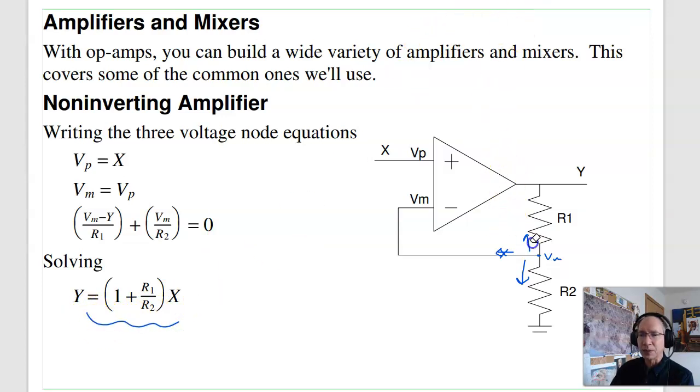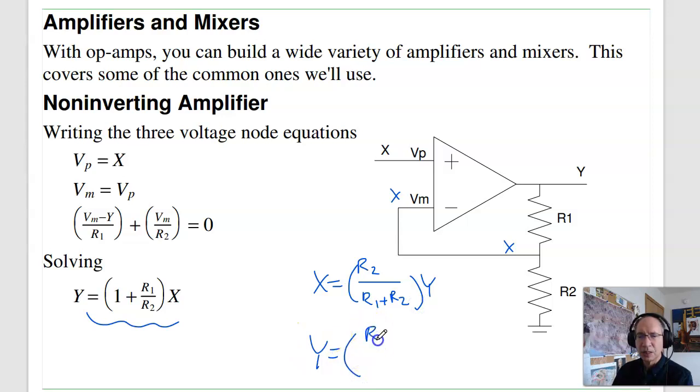Now, another way to do that is to note that V plus equals V minus. So this is X, and this is X. This is a voltage divider. So X is equal to R2, what I'm measuring, over the total, R1 plus R2, all that times Y. Solving backwards, I get Y is equal to (R1 plus R2) over R2 times X. And that simplifies.